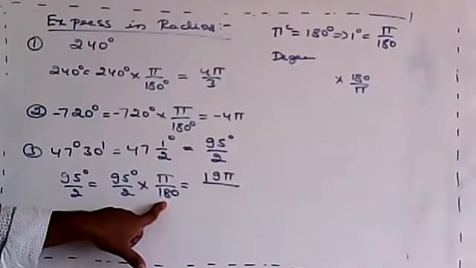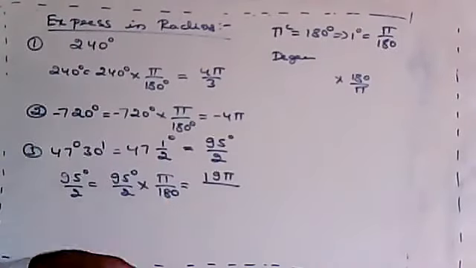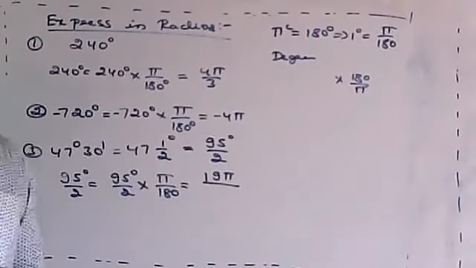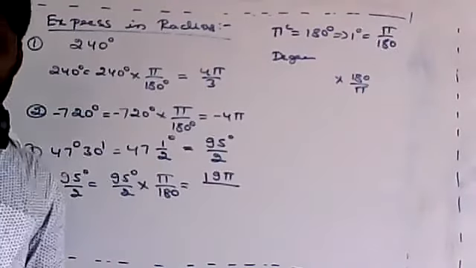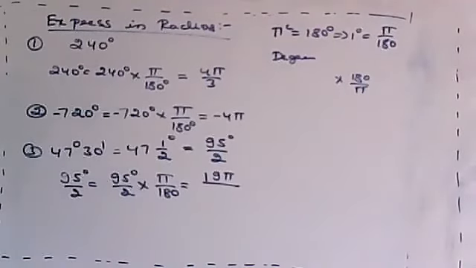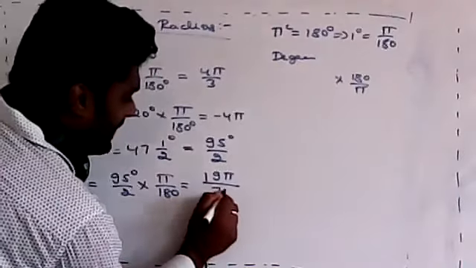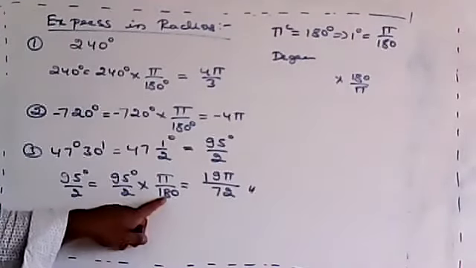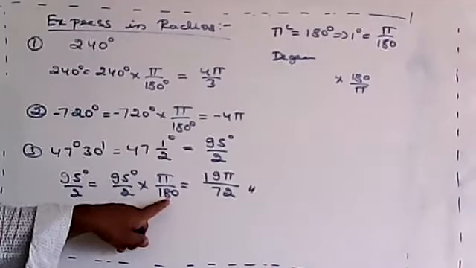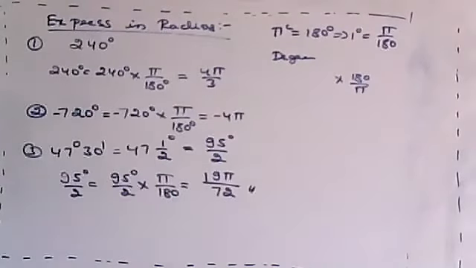Yes, 295 pi by 360 degree. Yes, the simplified form I'm asking. Good. Whether it is correct, just check. Yes, pretty correct. That one, 90 pi by 72 it is. Good. Correct or not? 90 pi by 72. Here we'll get what? 35, 36. 36 into 2 is what? 72 we will get. Correct?